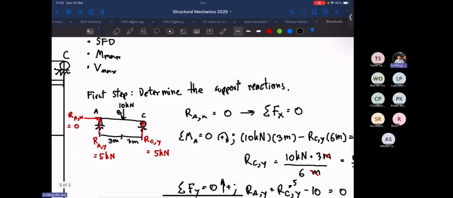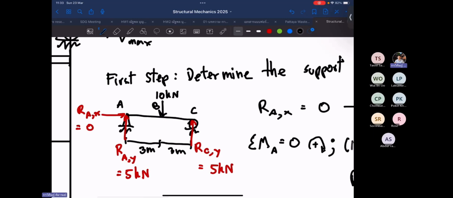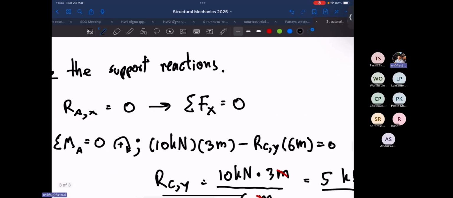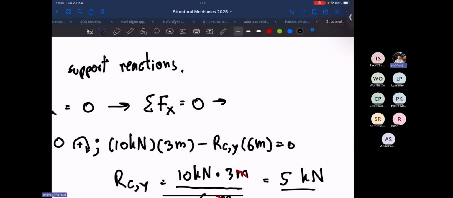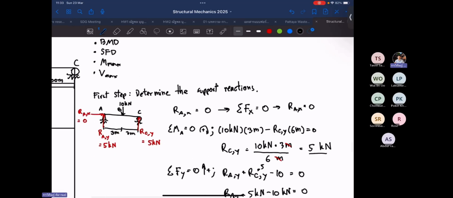And if we have a look at the system, the only force in x direction of this system is this RAX. Therefore we can say that RAX equals 0 because this system has only one force. Okay, thank you.